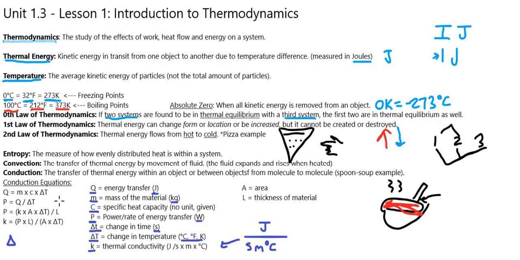So Q equals M times C times delta T. Yes, that's uppercase, or the teacher will slap you in the face. Well, that's not even on rhythm. Sorry about that. But if you heard what I said, Q equals M times C times delta T.